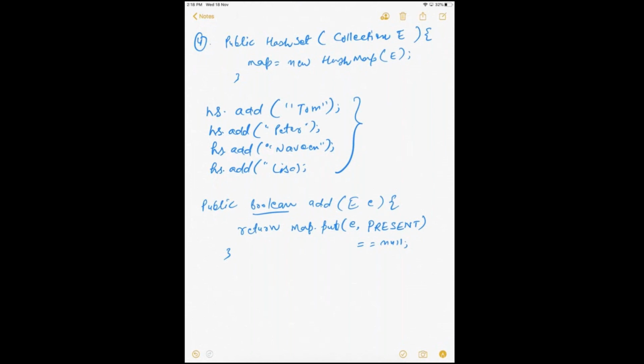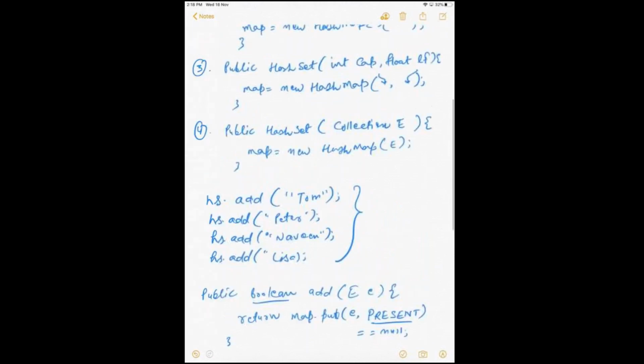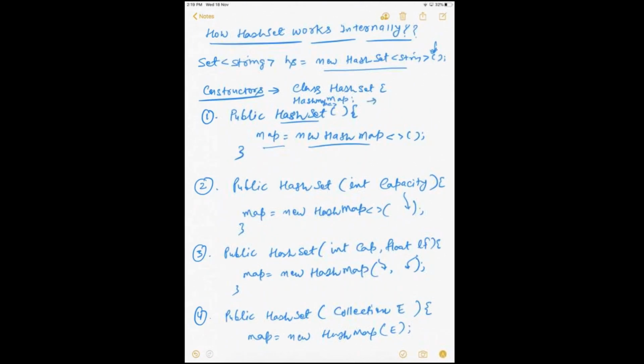Now what is this present? So guys, present is a constant value of object type, a constant object reference value, which is available in the HashSet class. So let's see, this is my HashSet class that I have created. Over here in the HashSet class, there is a private static variable.